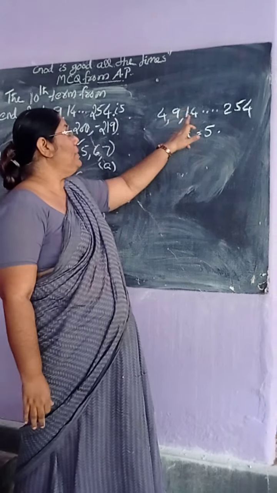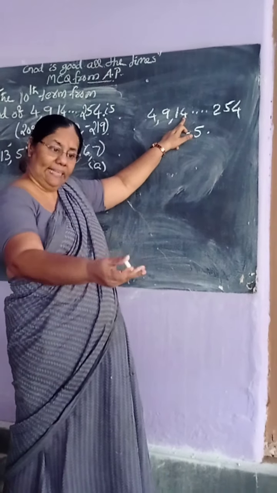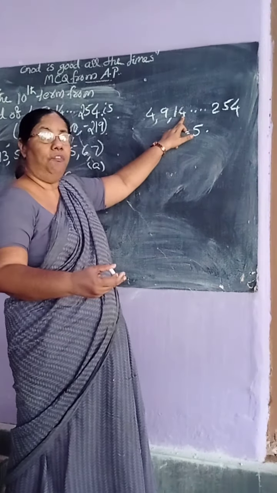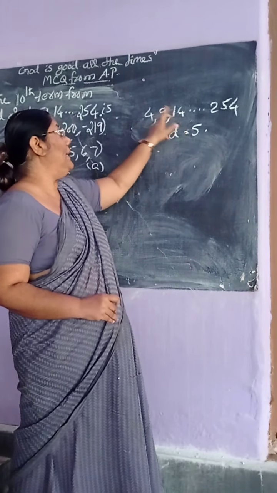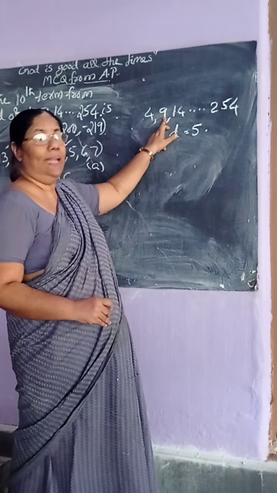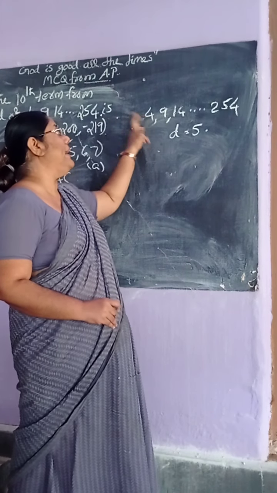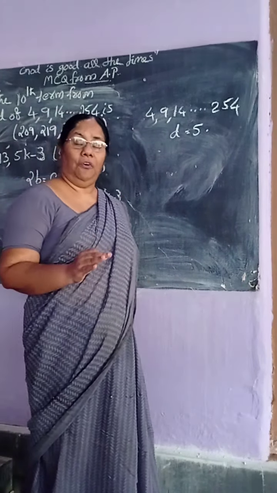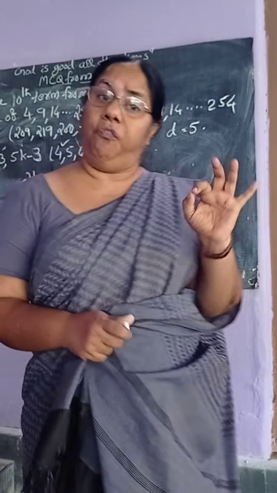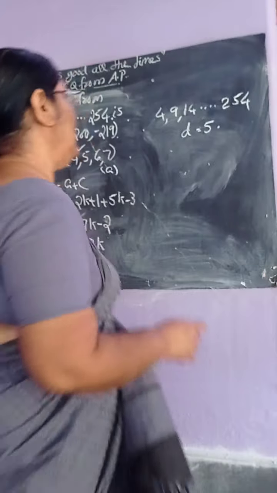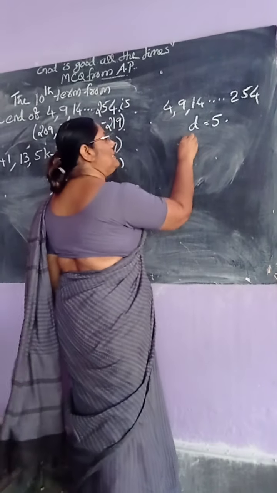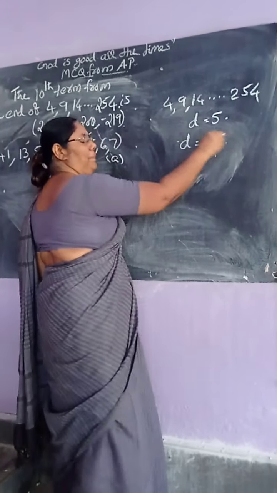But when you take 14 as the third term, how can you find the second term if the difference is 5? 14 minus 5 gives 9, 9 minus 5 gives 4. Therefore, if the question is to find the term from the end, you can write D as minus 5.